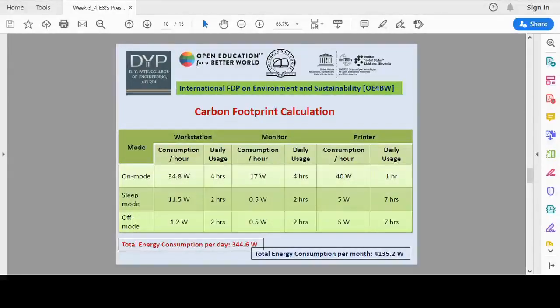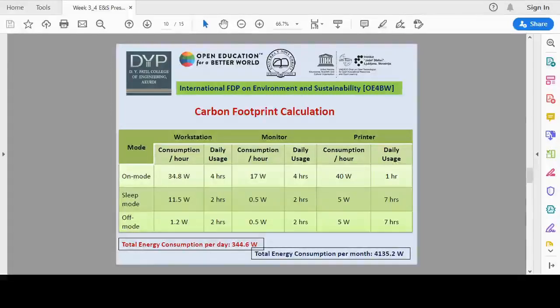This table demonstrates the energy consumption per hour and the daily usage by different computer equipment like workstation, monitor and the printer in different modes like working mode, on mode, sleep mode and off mode.